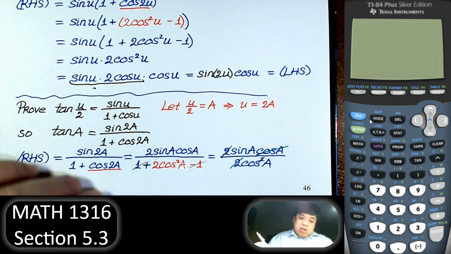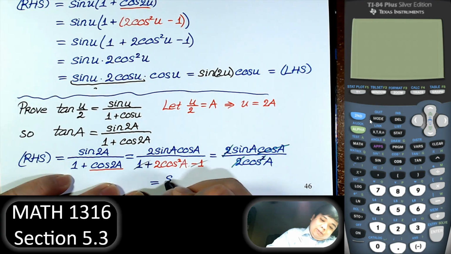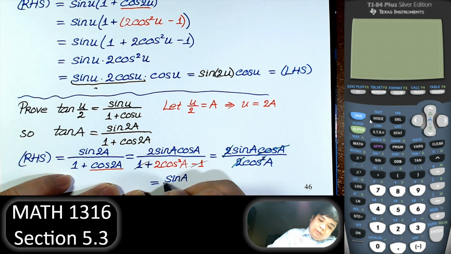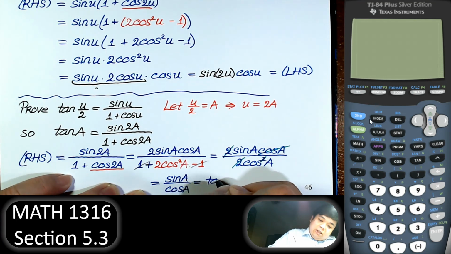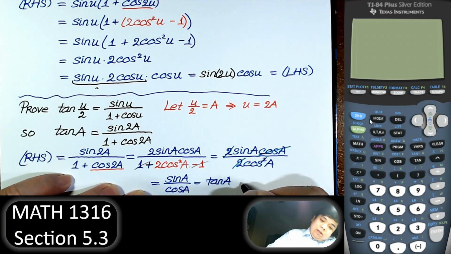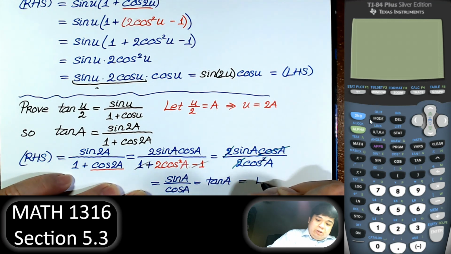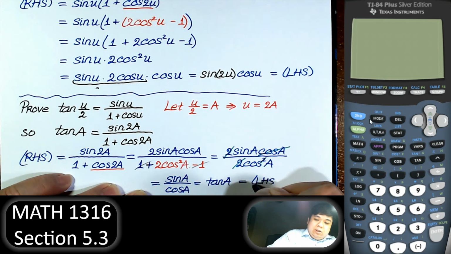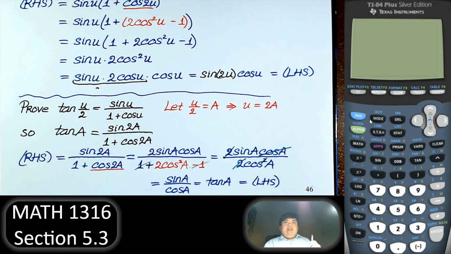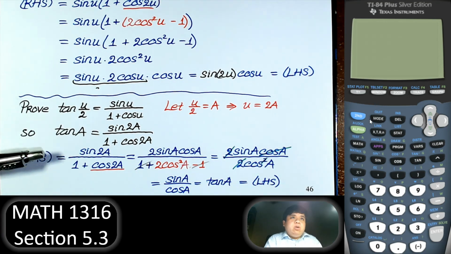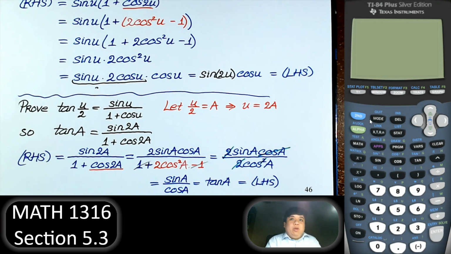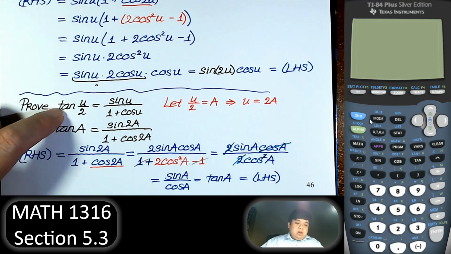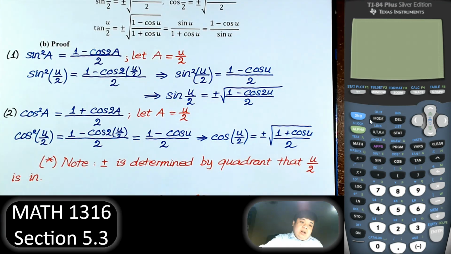So we have a sine over cosine, which is tangent. And that's what we need to prove. Right. So if we start with the half angle formula, it will be more difficult. So in that case, make a substitution. Then we do it with double angle, and we don't have to worry about plus or minus sign.